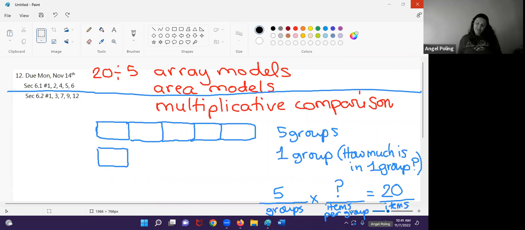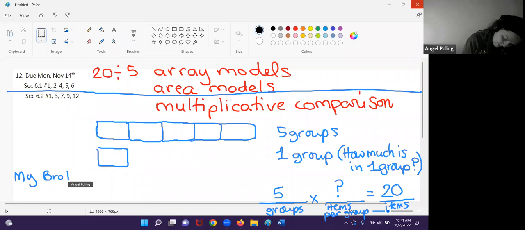So, for example, we could say, my brother has 5. Hold on, I was really about to write multiplication comparison.